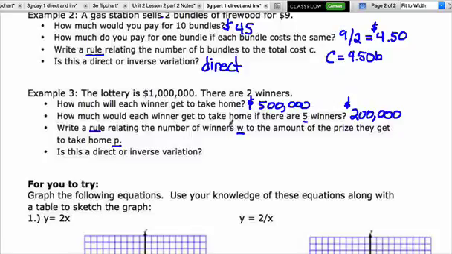So if I don't know how many winners I have, I'm going to take the total amount and divide by W. And this will equal the prize they get to take home. Is this a direct or inverse variation? Well, if you can notice, I have 2 variables and a constant, and the constant is being divided by this variable here. So this is an inverse variation.